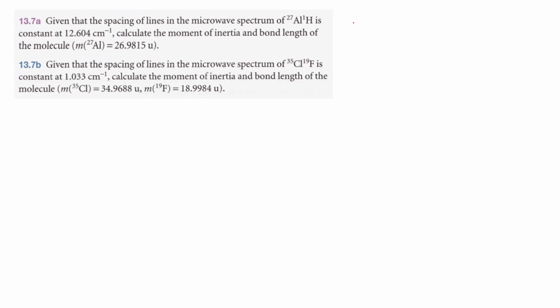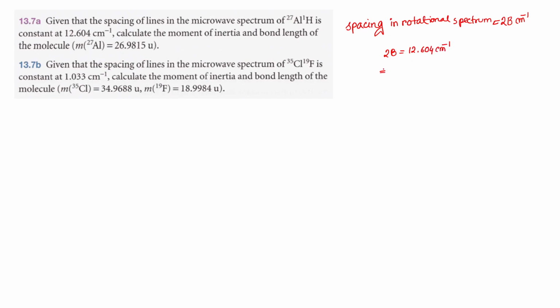As you can see, I tell you already that the gaps in the rotational spectrum, or the spacing in the rotational spectrum, is 2B centimeter inverse. So here the 2B is 12.604 centimeter inverse.